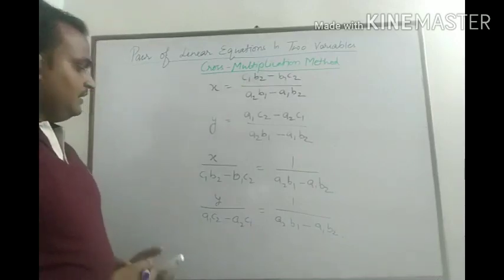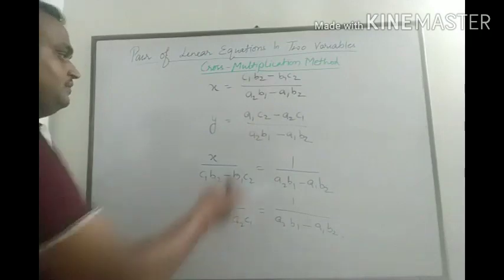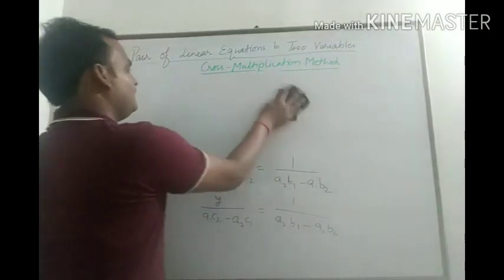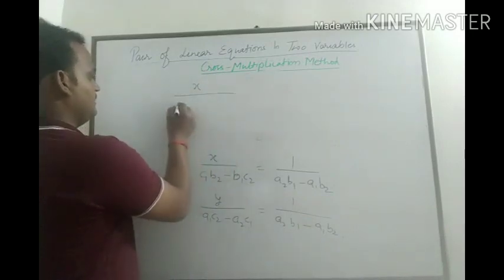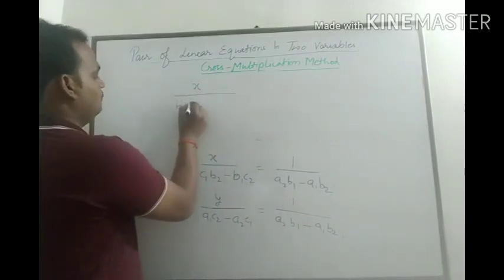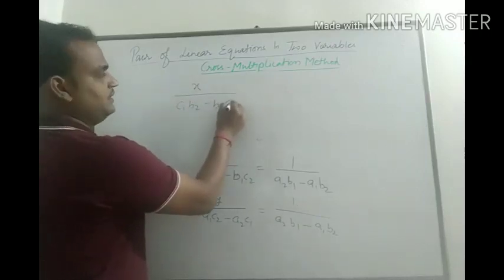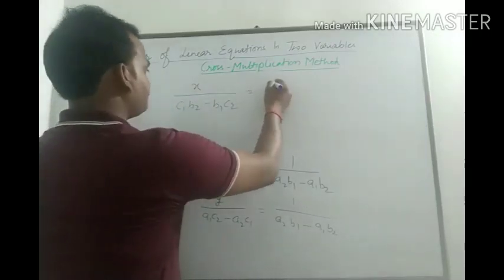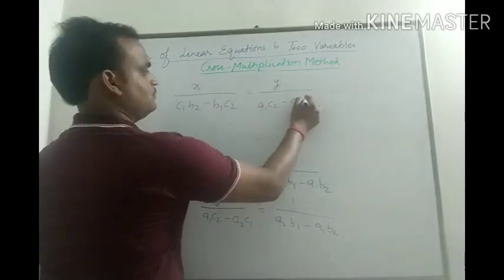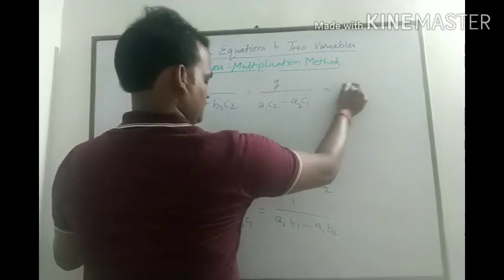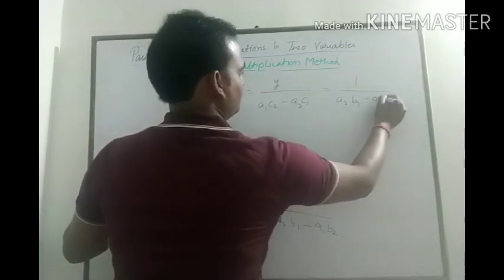Yes, of course. Now we can write these two equations in one equation, like x upon c1 b2 minus b1 c2 equals to y upon a1 c2 minus a2 c1 is equal to 1 upon a2 b1 minus a1 b2.